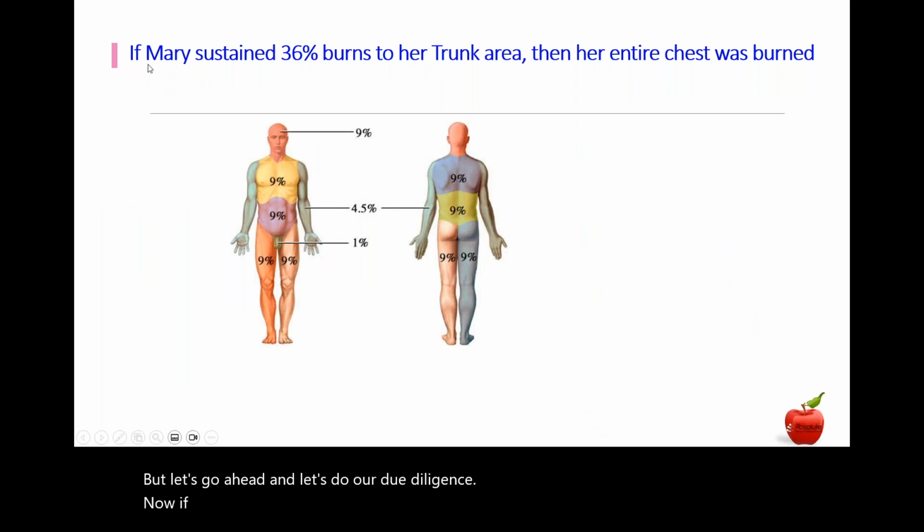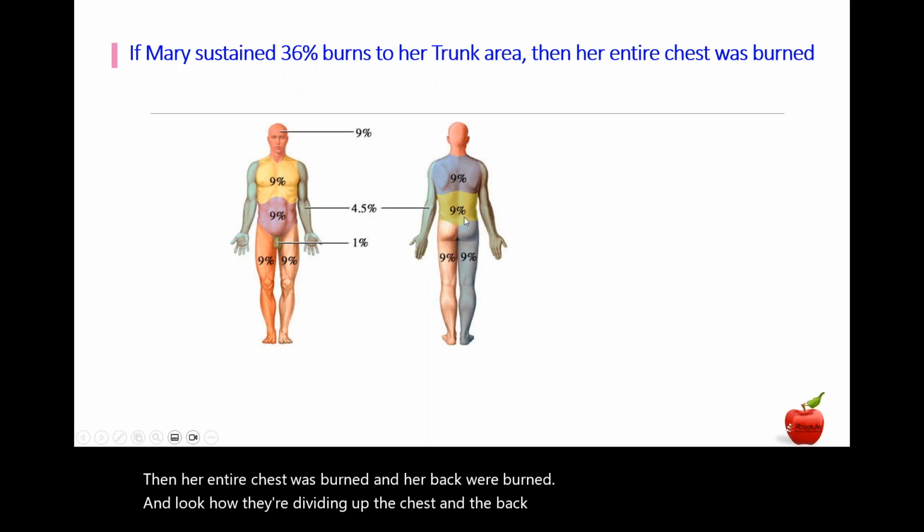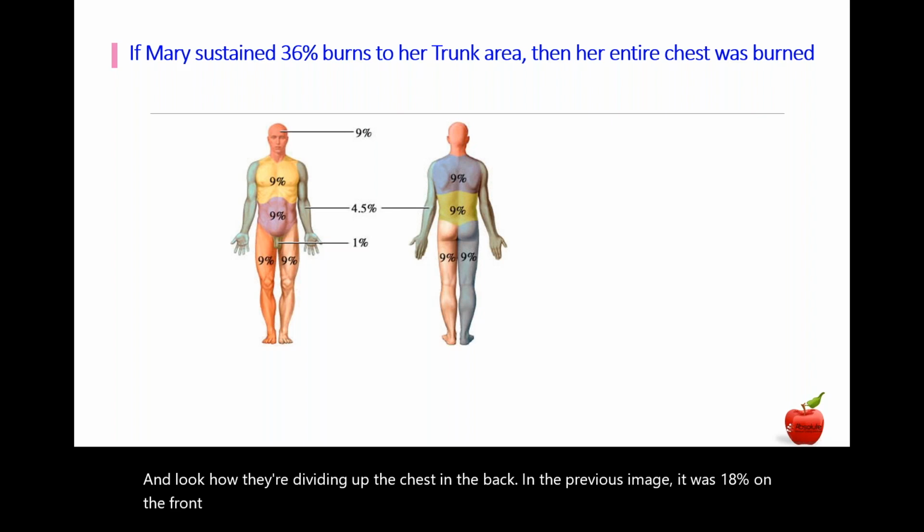Now, if Mary sustained 36% burns to her trunk area, then her entire chest and her back were burned. And look how they're dividing up the chest and the back. In the previous image, it was 18% on the front, 18% on the back.